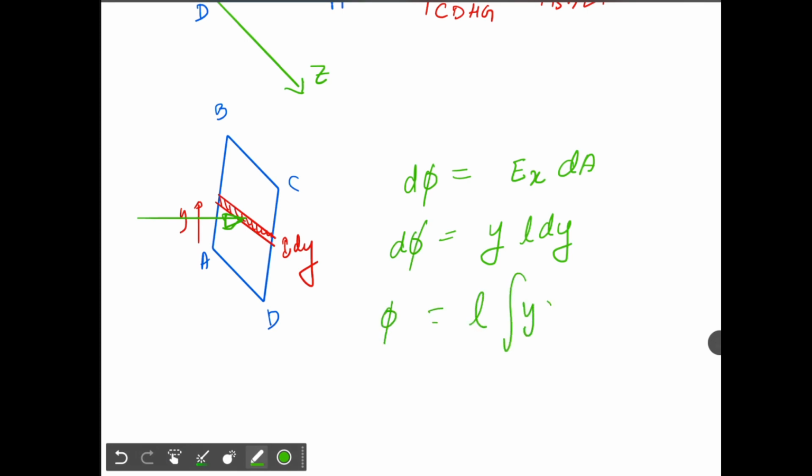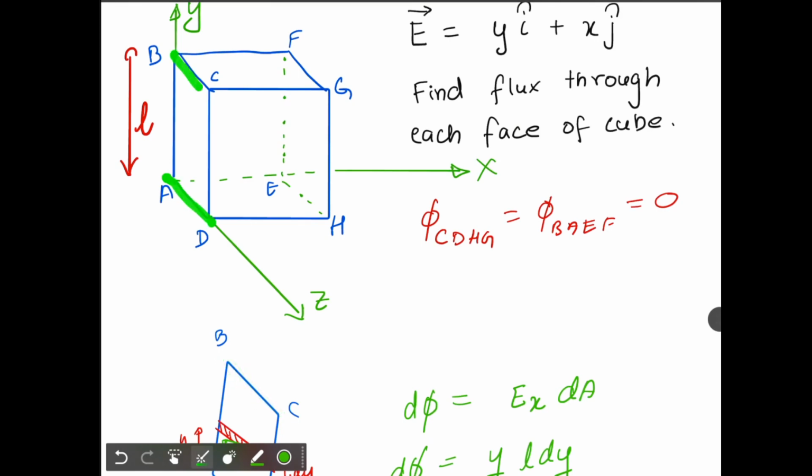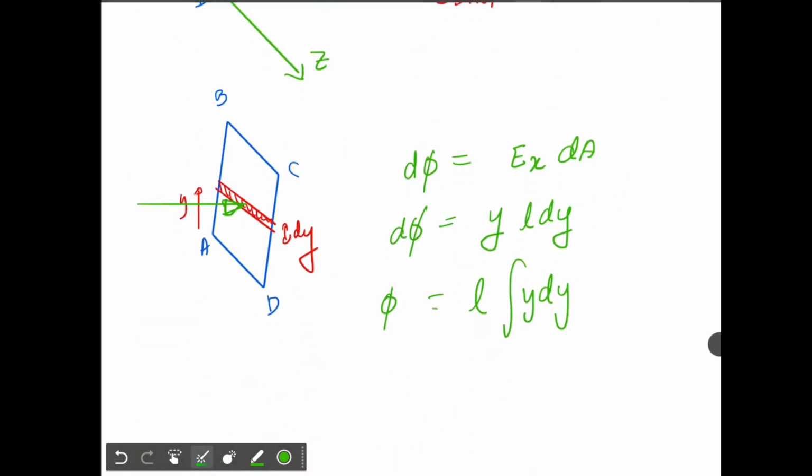L integration y dy, and limits will be you're going from y equal to 0 to y equal to L, correct? So you will get integration of y dy will give you y square by 2. Putting the limits, you will get L square by 2. So L square by 2 into L will give you L cube by 2. This is the flux through ABCD.